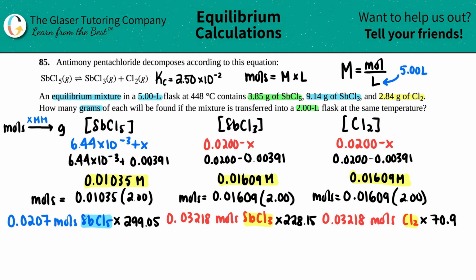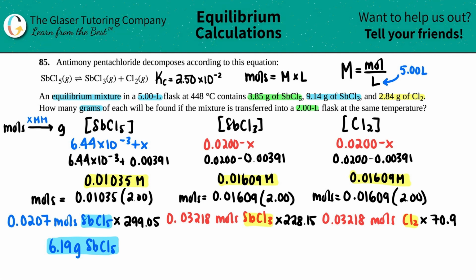Okay, so 0.0207 times 299.05. Now I'm going to round to 3 sig figs. So we have, and maybe I will put this in blue, 6.19 grams of SbCl5. There's one answer. So we have 6.19 grams of SbCl5 in the new equilibrium with the 2-liter flask.